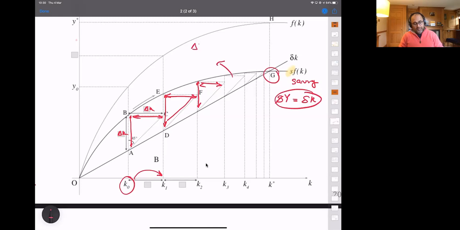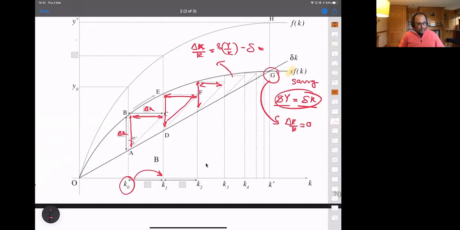Because before this, your capital stock was growing at the rate SY minus delta K. So actually, it was the difference between savings and depreciation that was leading the growth, right? As you approach G, savings equals depreciation, and at G, the growth rate of capital stock is equal to 0.